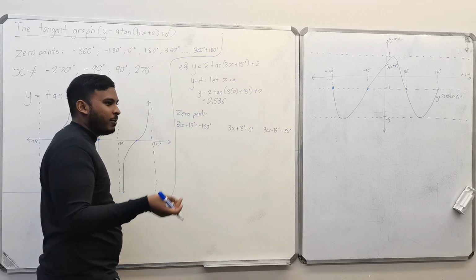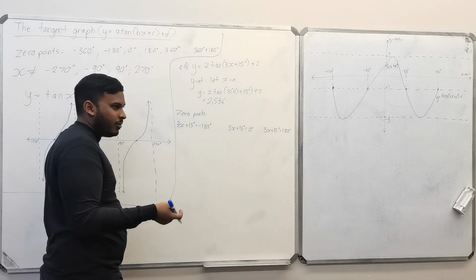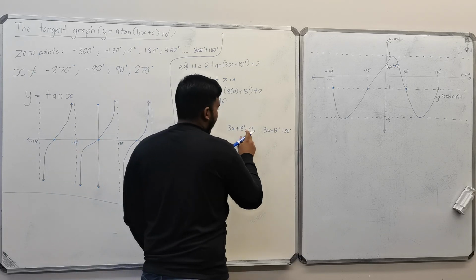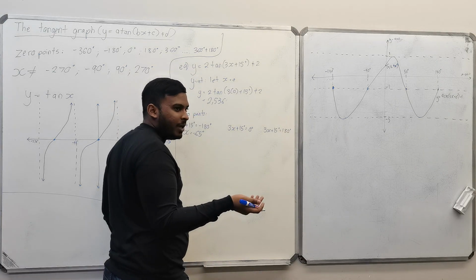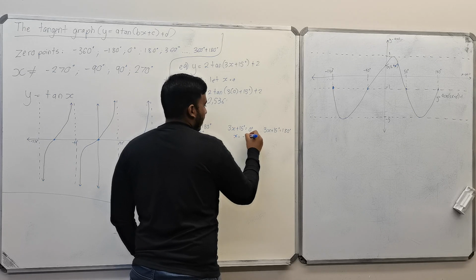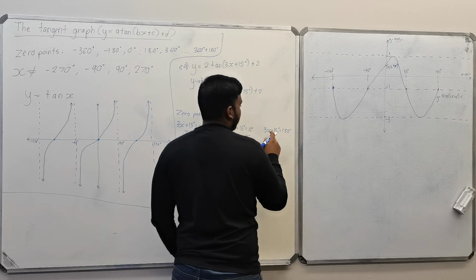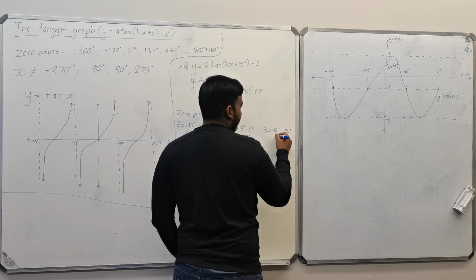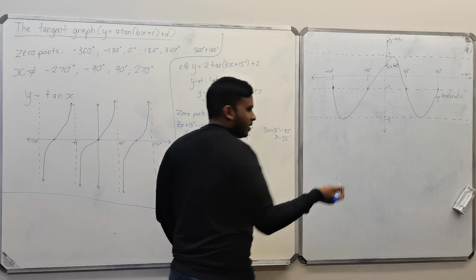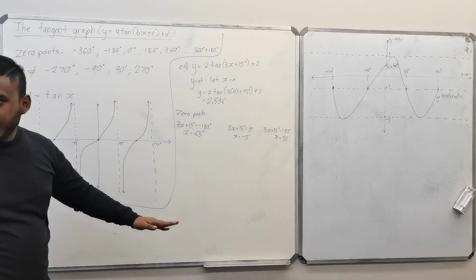Negative 195 divided by 3 is negative 65. For the next, you take your 15 across, it becomes negative 15, divided by 3 is minus 5. Then you take this across, your 15 becomes 165, and 165 divided by 3 is 55. Okay, that's our 0 points.